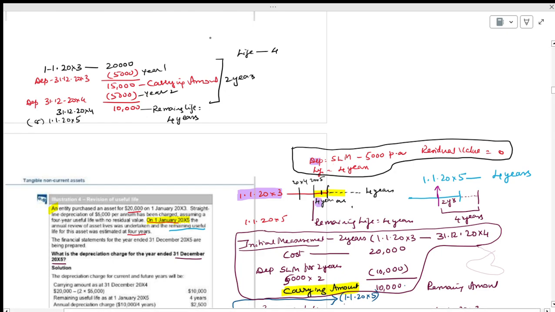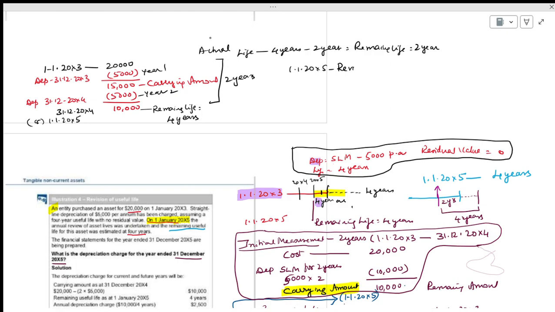The actual life is 4 years. They have calculated for 2 years. The remaining life is 2 years. Now what they have said on 1/1/2005 is that they have changed it. The revised life is going to be 4 years. So it means after 2 years they decided to revise it for another 4 years.